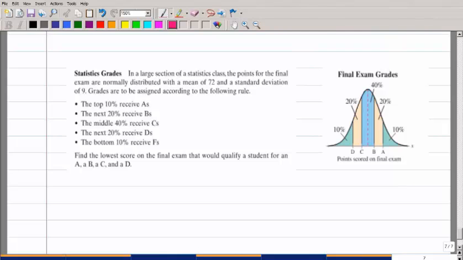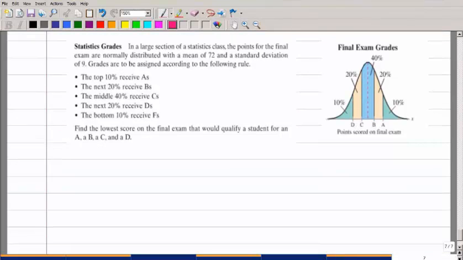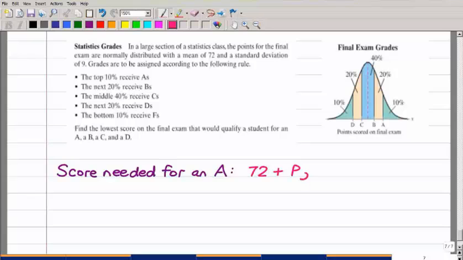So, to calculate the score needed for an A, the top 10% means the cutoff is the 90th percentile, with 90% below it. So it would be 72 plus P90 times the standard deviation of 9.